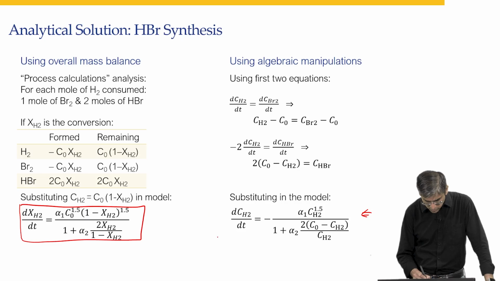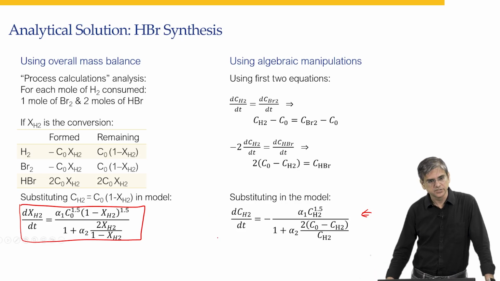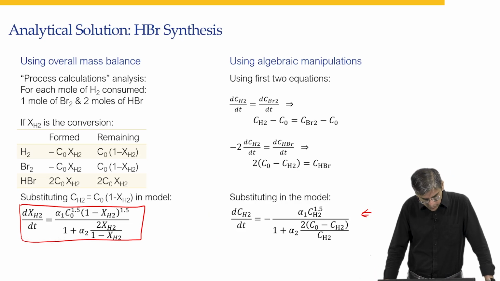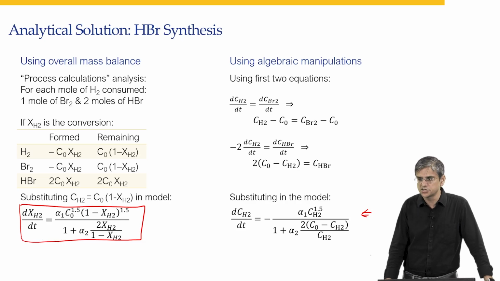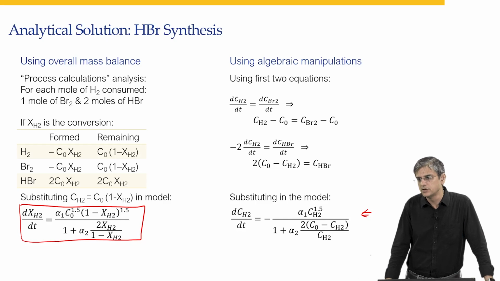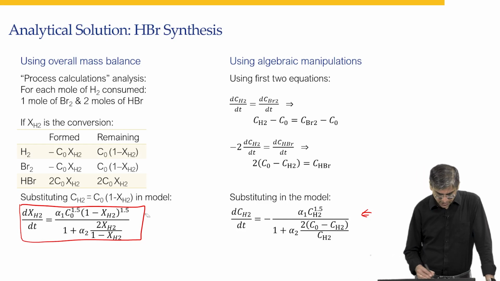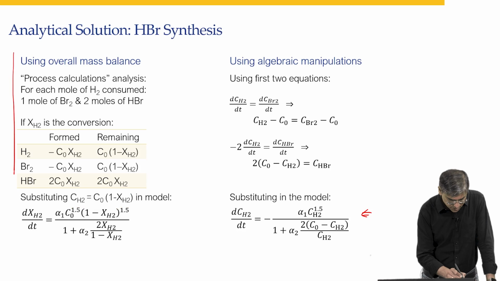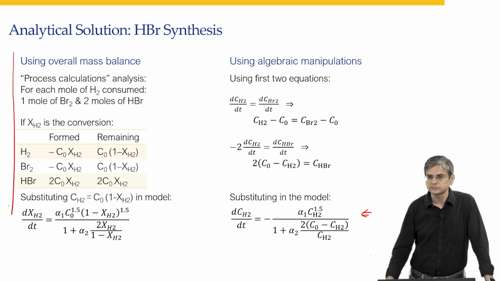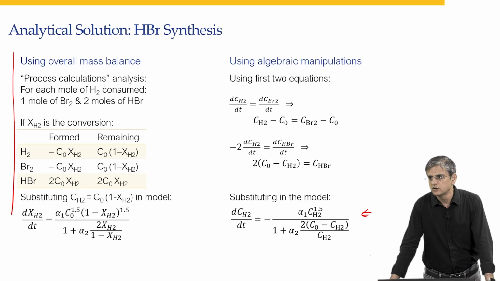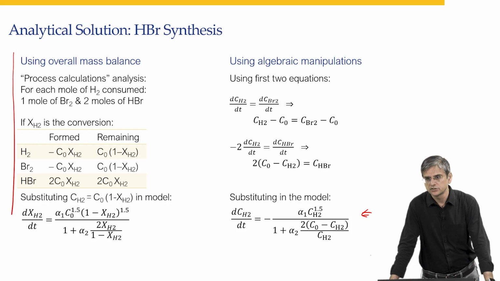So, now you can solve either of these equations and you will get how conversion of hydrogen varies with time or how concentration of hydrogen varies with time, okay. For the most part, I think in your undergraduate this is the method that you might have used, okay. Whichever one you want to use, we are very much free to use that, okay.